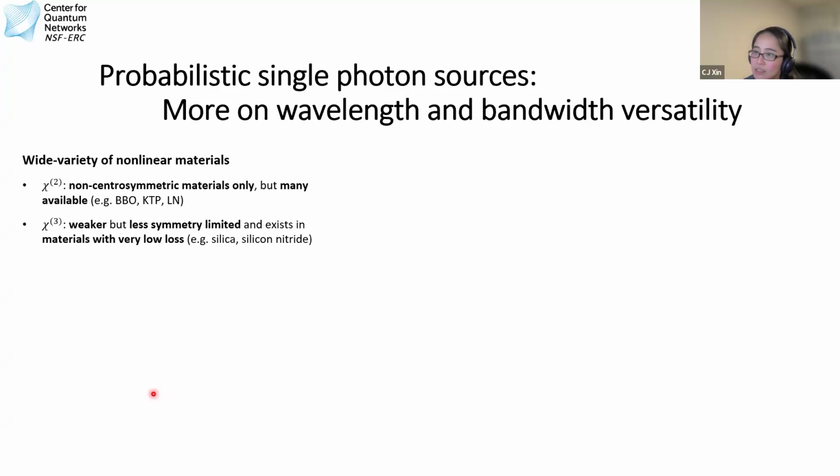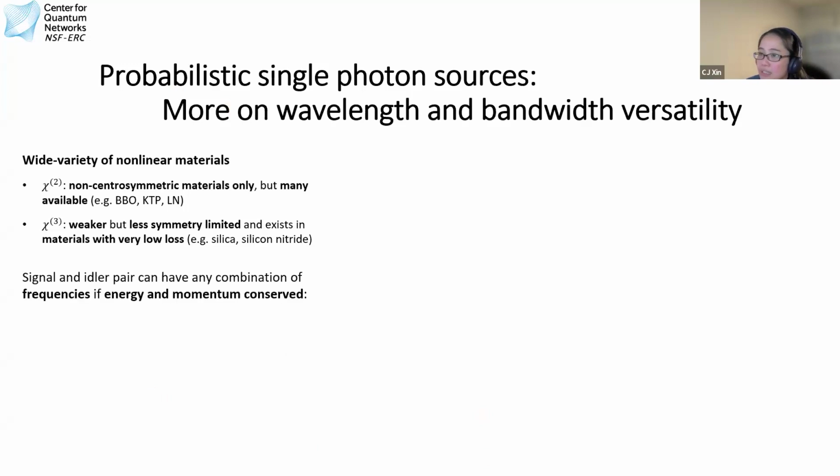So that's one thing. The other reason you have a lot of wavelength and bandwidth versatility is that the signal and idler pair can have any pair, because of the energy and momentum conservation. Your signal and idler pair can basically have any combination of frequencies as long as that is fulfilled, and that ends up being pretty easy to fulfill.